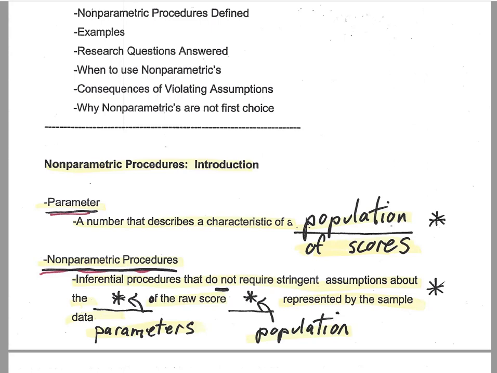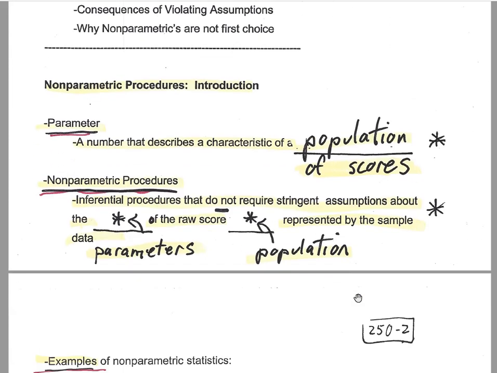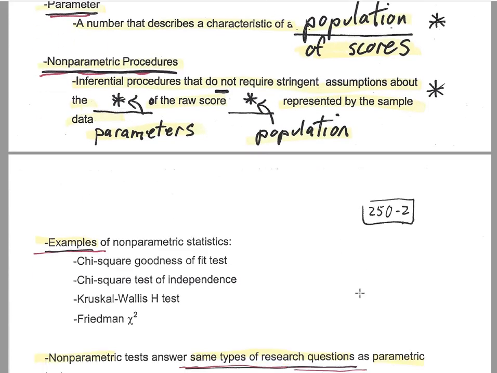Analysis of variance is an example of a parametric procedure. T-tests for independent samples is an example of a parametric procedure. These statistical procedures have fairly strict assumptions that need to be met. If you don't meet those assumptions, you shouldn't be using statistics like analysis of variance. You usually then have to fall back on the second string, which are these non-parametric statistics that we're talking about now.